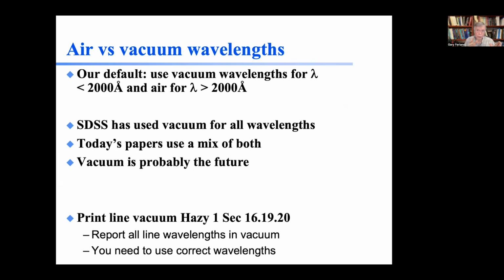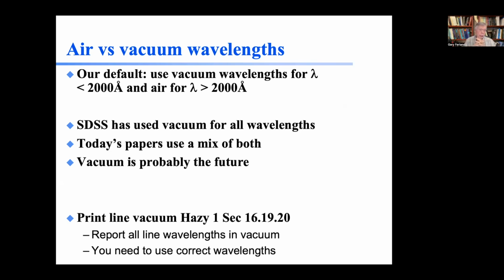For short wavelengths, the mean free path of photons in the atmosphere is very short, so they had to build the experiment and pump it down and make a hard vacuum to work with the spectrum. Longer than 2,000 angstroms, the atmosphere was awfully thin. They could just work with it. So this is an arbitrary convention that is not a law in atomic physics, but it's a strong recommendation, and Cloudy follows it. Cloudy wants to speak the lingua franca.